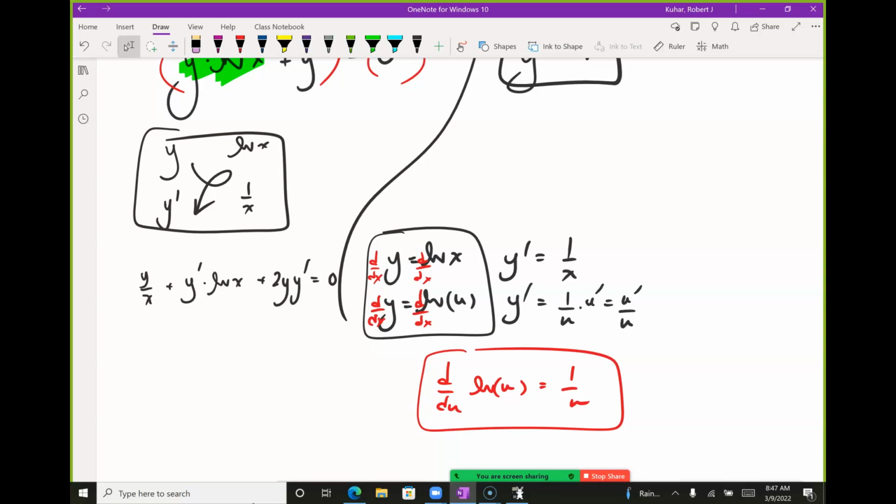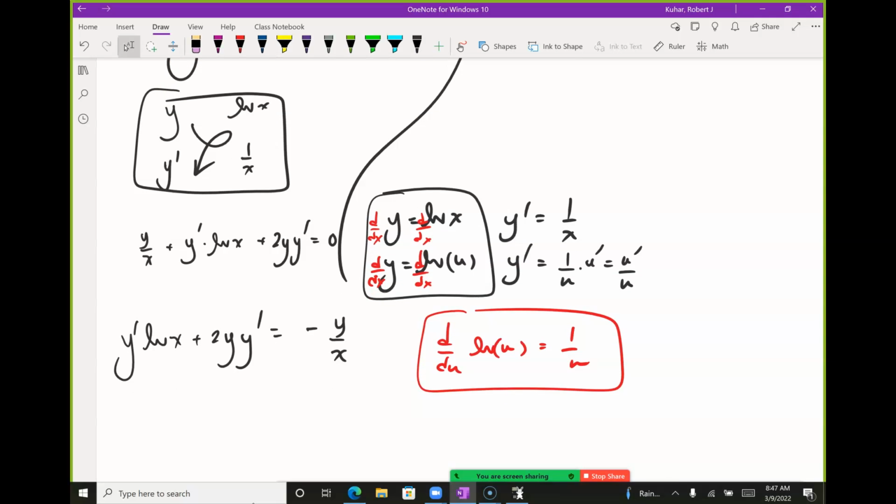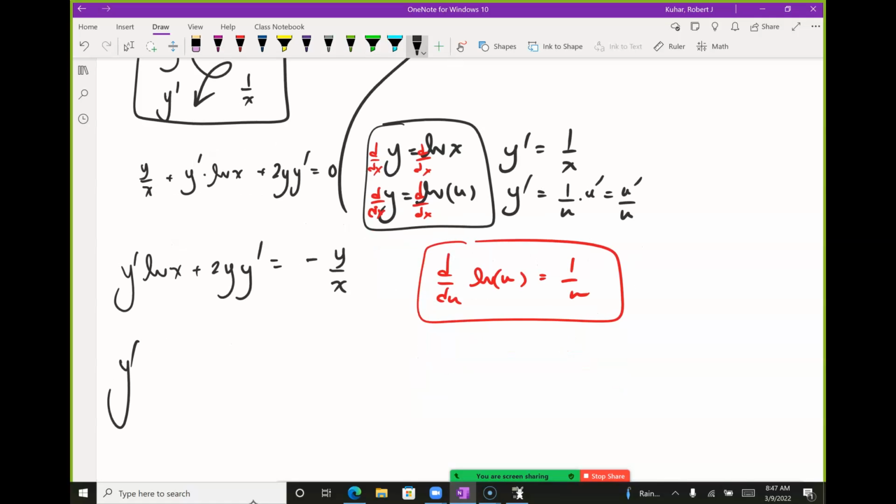Nice. So on this one, I want to solve for y prime. So it looks like I can just move my non-y prime terms to the right. So y prime ln of x plus 2y y prime equals negative y over x. Right, so I moved the non-y prime terms to the right. And now I'm going to factor out my y prime.